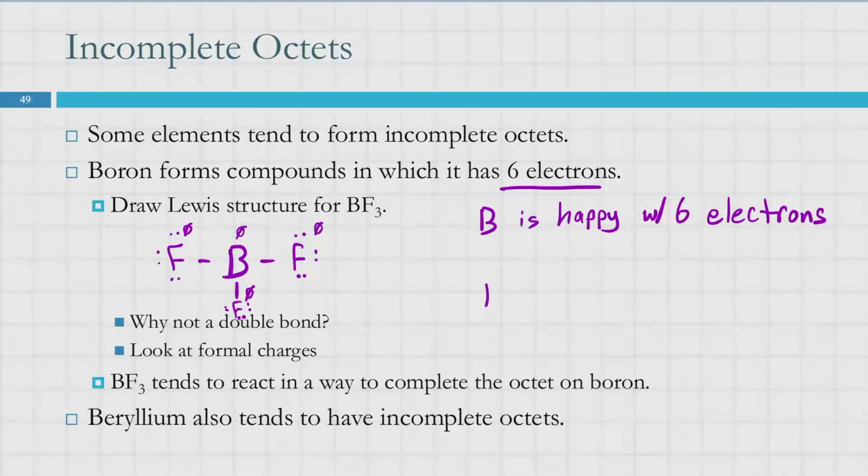If we double bond it one time, our fluorines that are single bonded have zeros, but we'd have a -1 on our boron and a +1 on our double bonded fluorine. So that could be one excuse why we only get 3 single bonds. We get zeros for the formal charges, and that's just better.